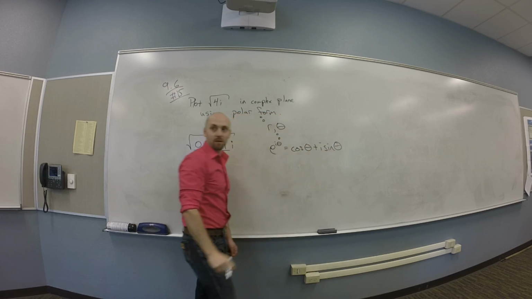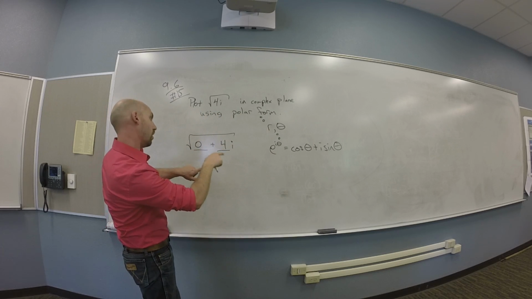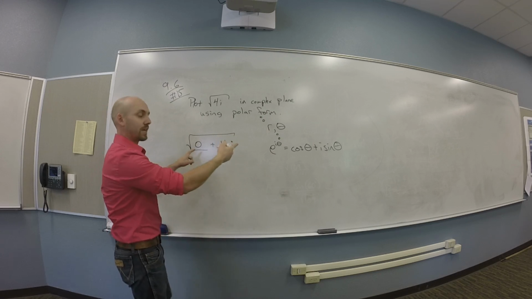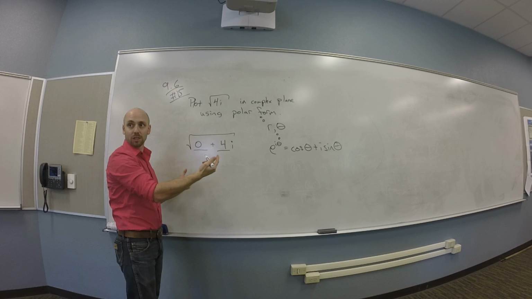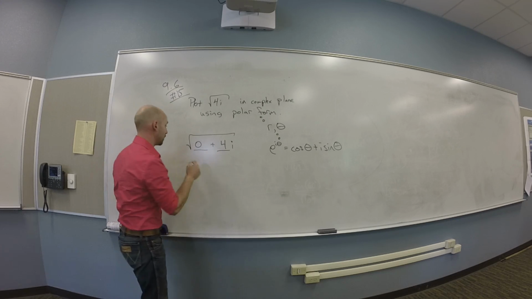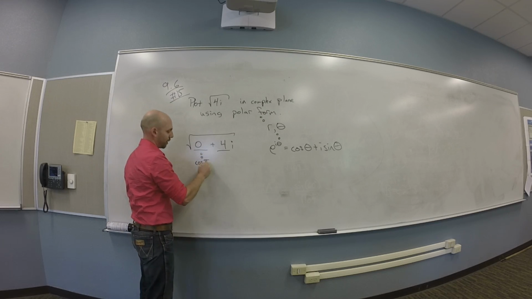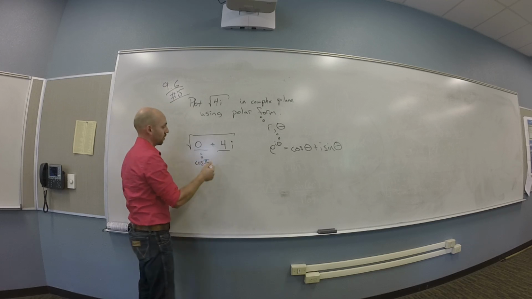So now I'm looking over here and the cosine of theta seems like it's 0. So when is the cosine 0? Pi over 2, maybe. It doesn't have to be pi over 2, but it could be.